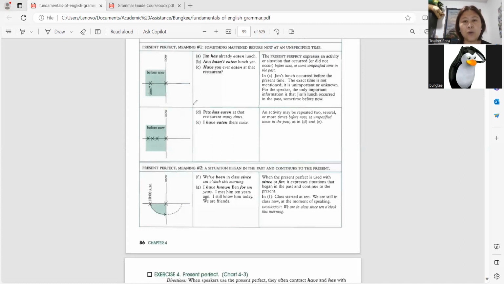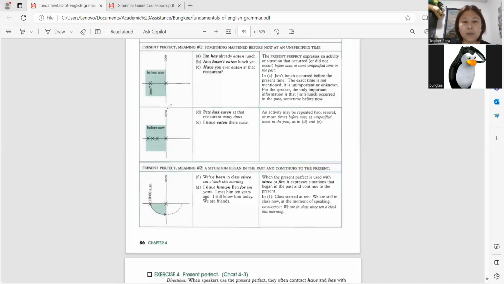And it can also mean an activity. You can use the present perfect if the activity is being repeated two or several times before now, without specific time.